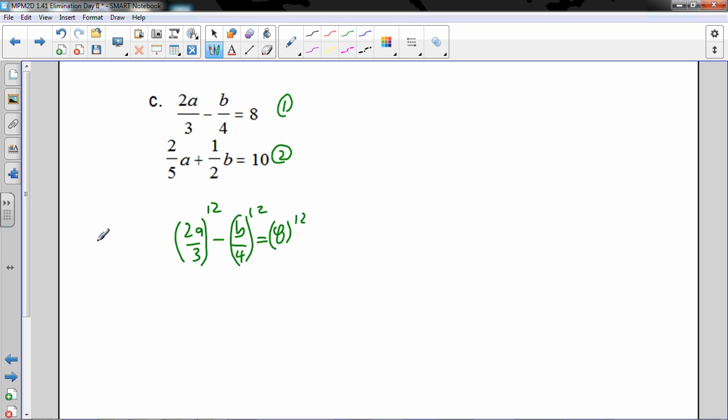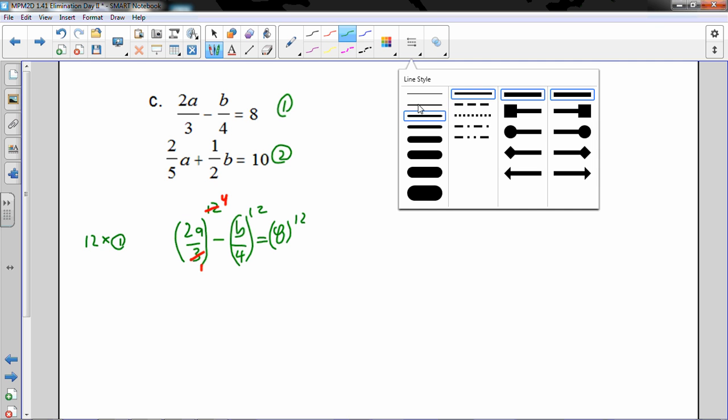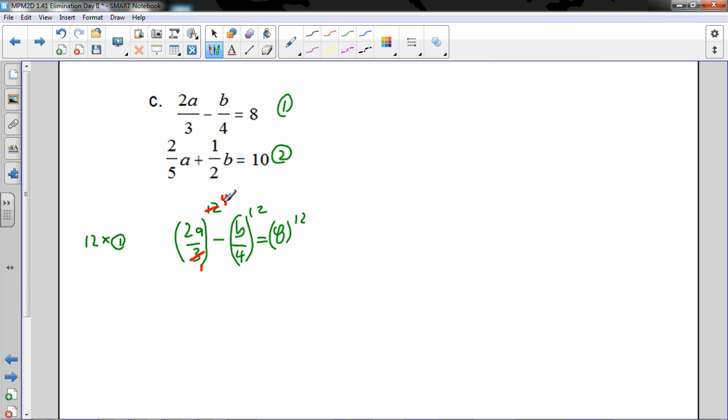And again, if I want to show the step that I did, elimination style, spring training style, notice that here 3 goes into itself once and into 12 4 times. So I'm actually not multiplying by 12. I'm multiplying by what's left over after I divide. Multiply by 4.